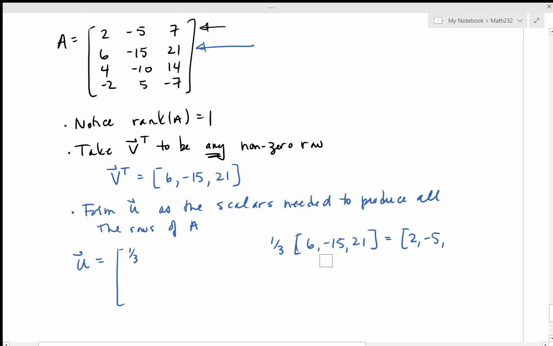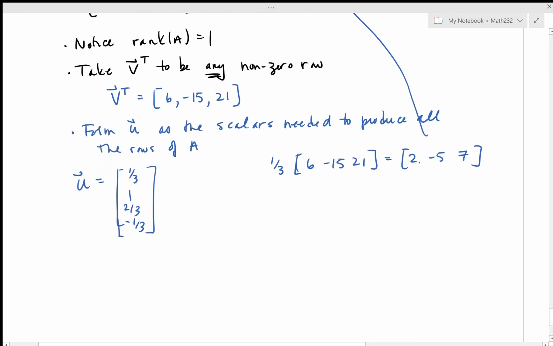And that is that first row right there. The next entry is going to be 1, because 1 times V transpose gives me the second row. The next entry here is going to be 2/3 and then minus 1/3. Okay, there we have it.